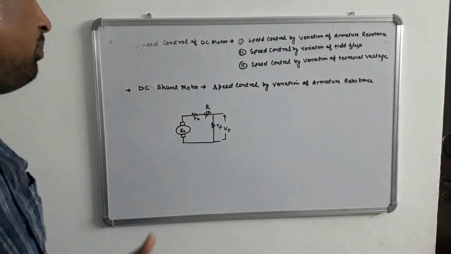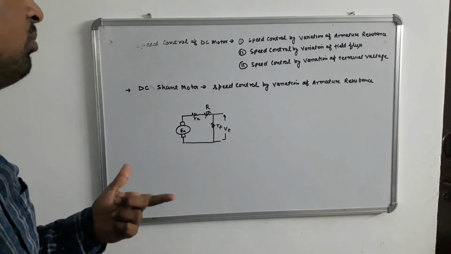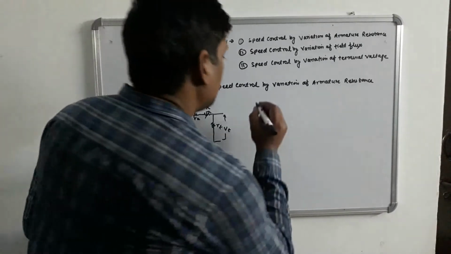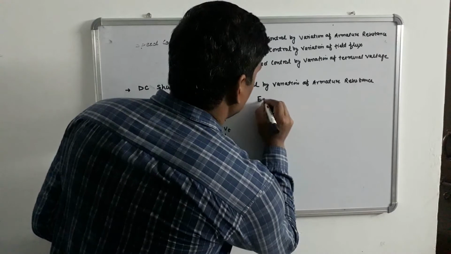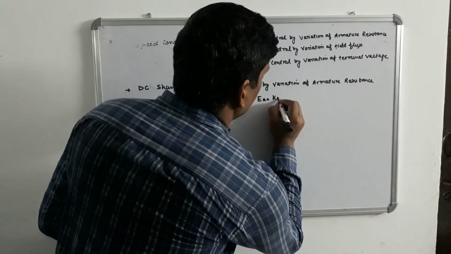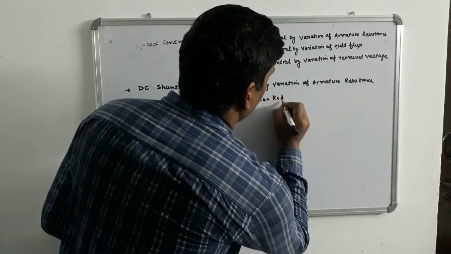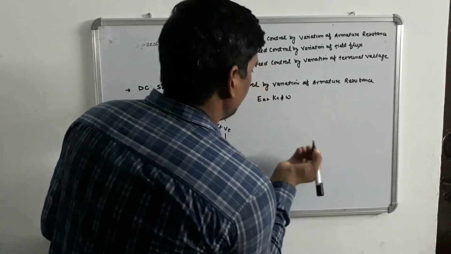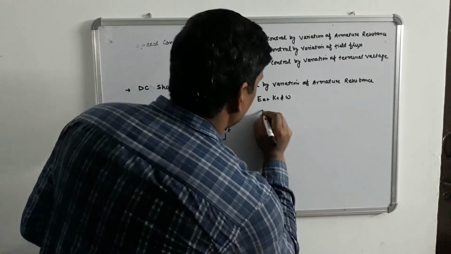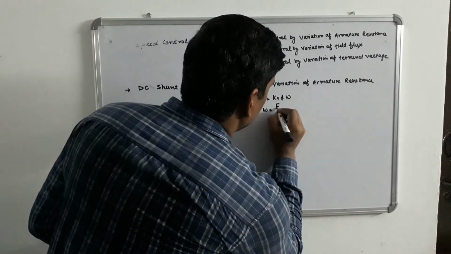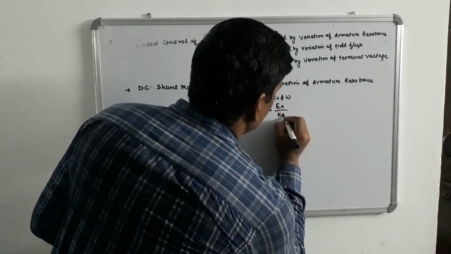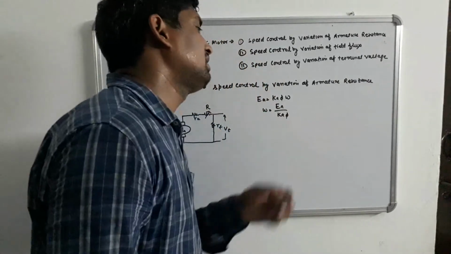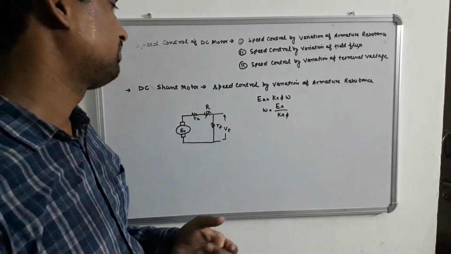As we know from the basic EMF equation, EA is equal to KA phi omega. Finding omega, omega is equal to EA divided by KA phi, where phi is the field flux.